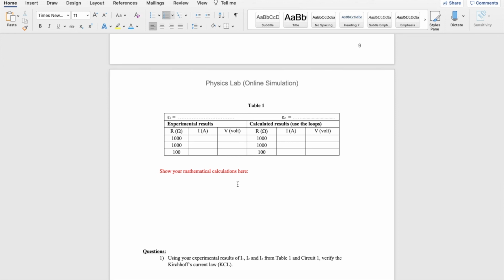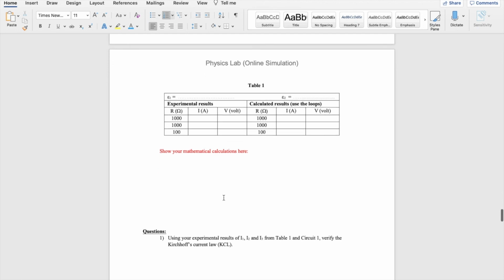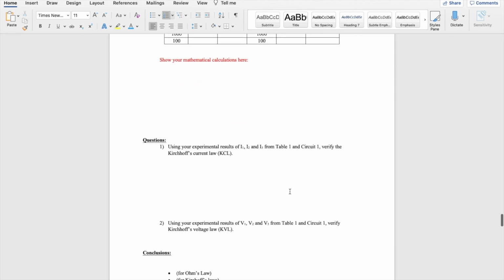Okay, write these three equations that we learned earlier, and I want you to show your calculation here, all the mathematical calculation, solving three equations and find the values of current here and compare these your calculated values with the experimental values here at the end, and based on that, write down some conclusion here.